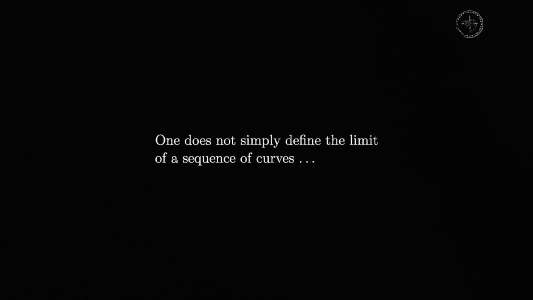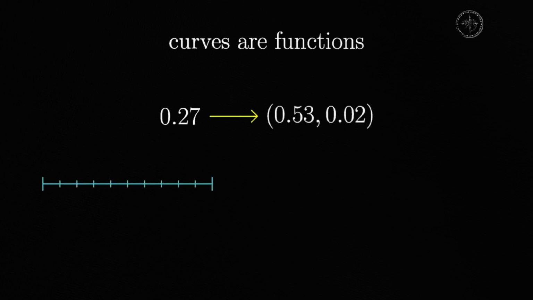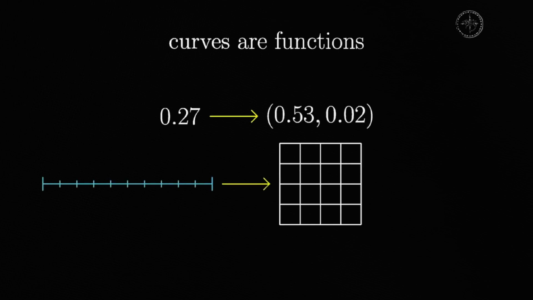Now, defining this limit rigorously is delicate. You first have to formalize what these curves are as functions, specifically functions which take in a single number somewhere between 0 and 1 as their input and output a pair of numbers. This input can be thought of as a point on the line, and the output can be thought of as coordinates in 2D space.